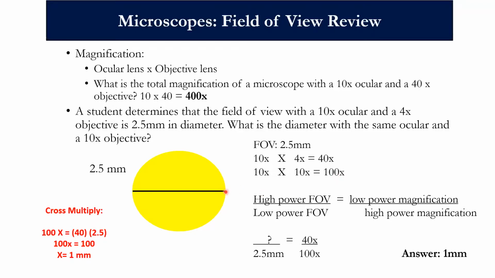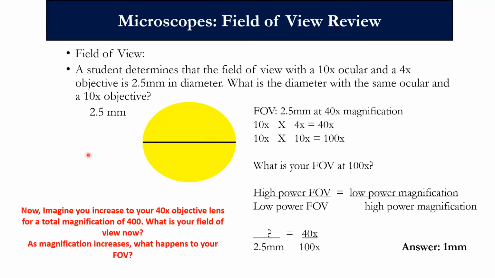So when we go up to that higher magnification and we look through our microscope, we're only going to be able to see probably this part of our specimen. When we are looking through the microscope at 40x, we can see all of this of our specimen. At 100x, we can probably only see this portion of our specimen. So what this means is as magnification increases, your field of view decreases.